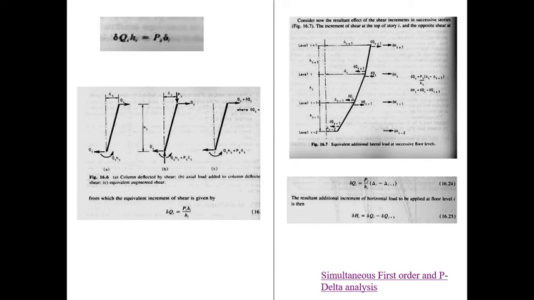This value delta H, the increment, is added to the original horizontal load. So whatever the original horizontal load is, the increment will be added to it, and then the reanalysis will be continued.